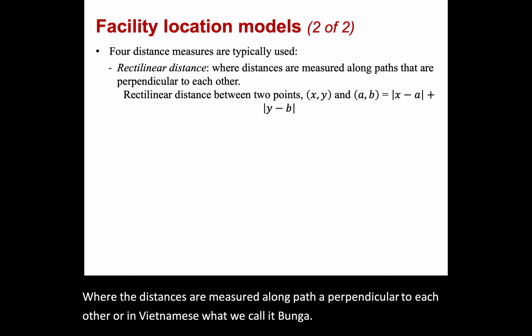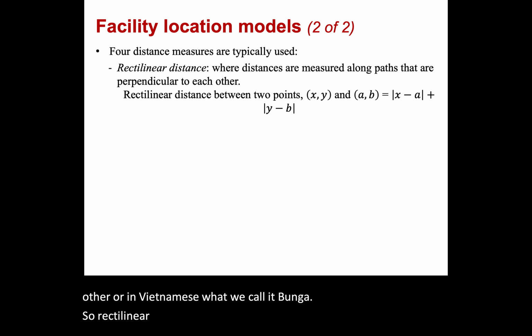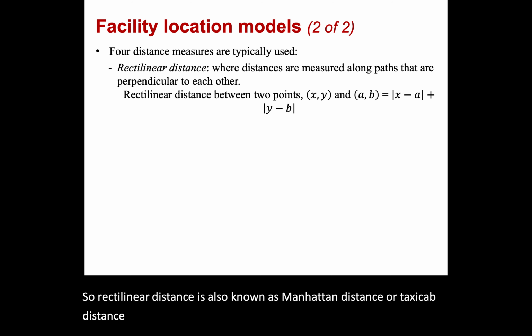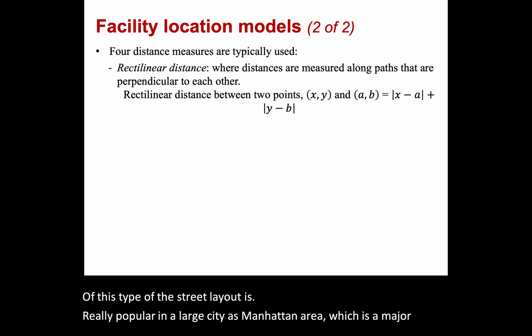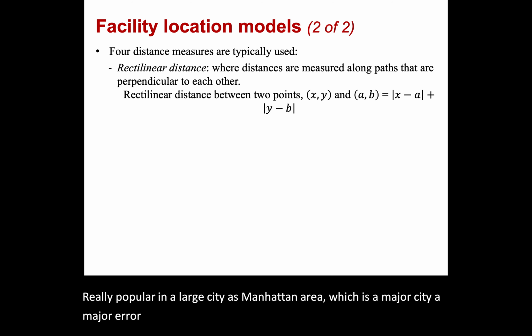Rectilinear distance is also known as Manhattan distance or taxicab distance because this type of street layout is really popular in a large city area like Manhattan, a major area in New York State in the United States.